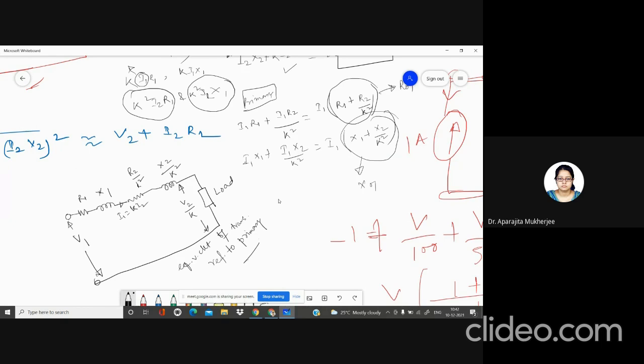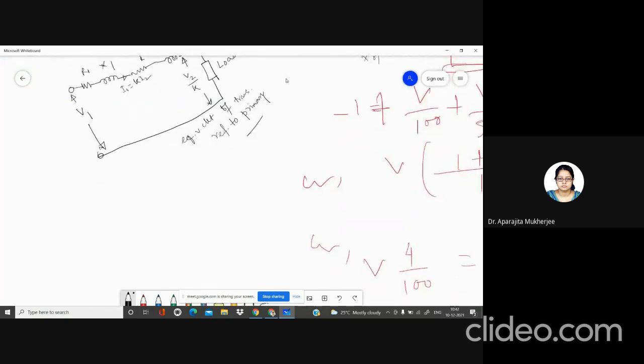Now similarly we can draw it for secondary circuit also. So the same type of circuit will be there, and only the changes will be there.